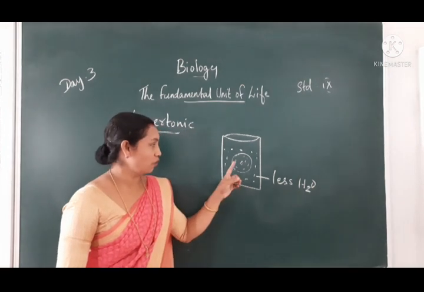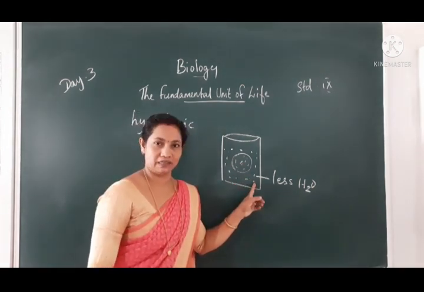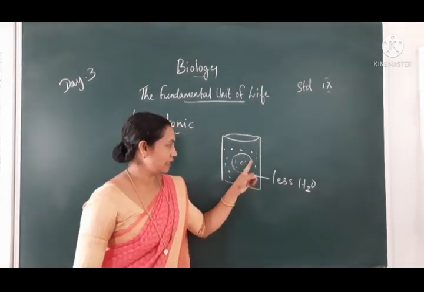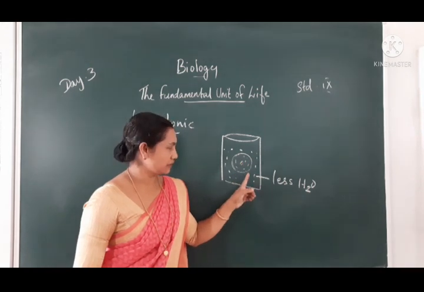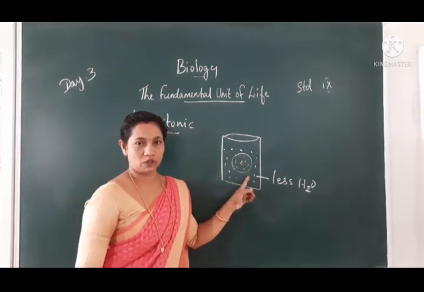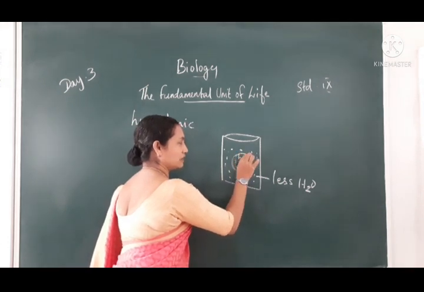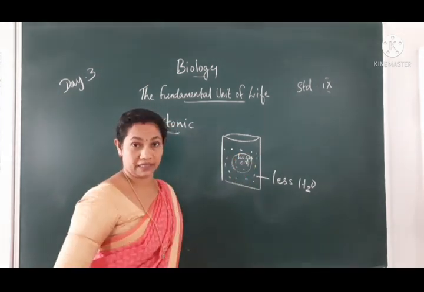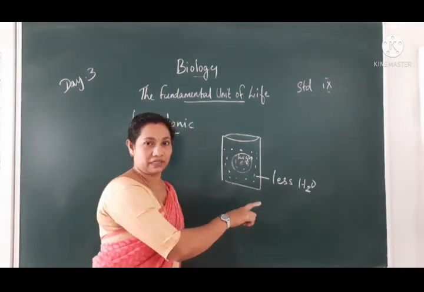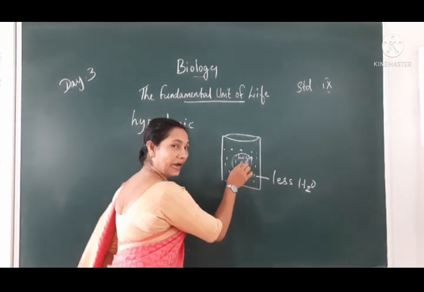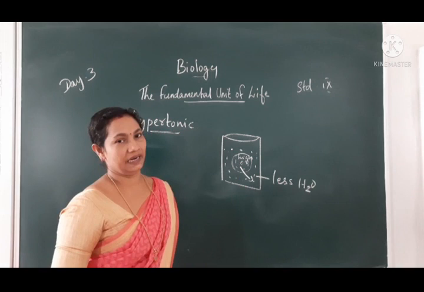So here water molecules move from cell to outside. Between the cell membrane, the inner cellular content and the outside medium, the inside of the cell has high water concentration, and the outside medium has less water concentration. So water moves from high concentrated area to low concentrated area.